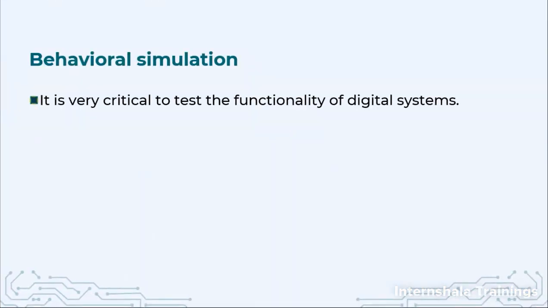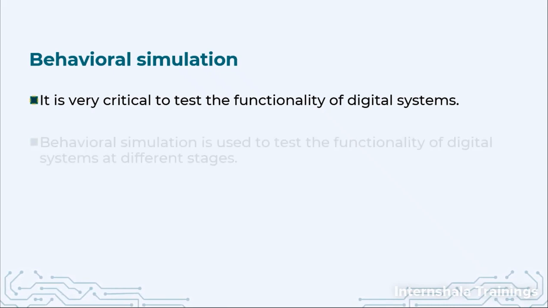So behavior simulation is very critical to test the functionality of your given digital system. Using these waveforms, we can test each and every individual input test case, whether my system is performing as per the user specification or not.